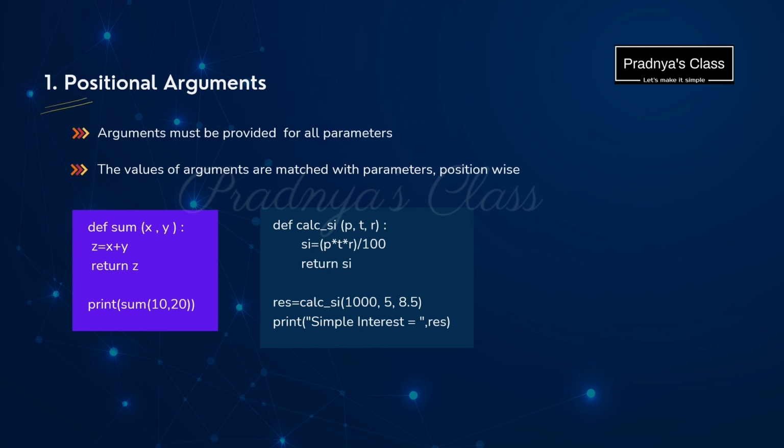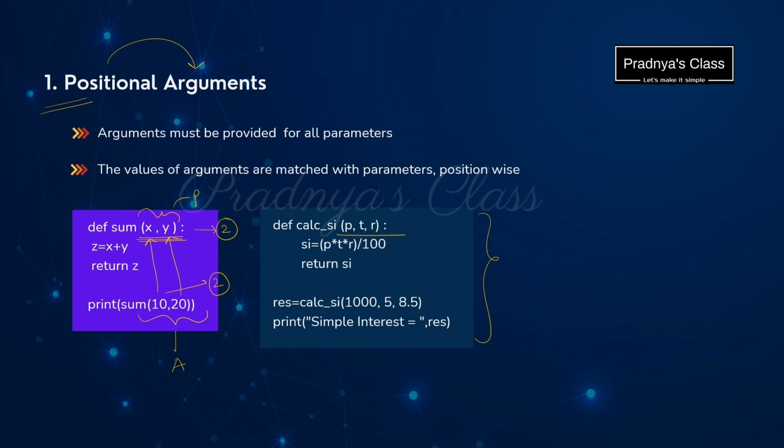The first one is the positional argument. In the case of positional arguments, we must provide values for all the parameters. You can see here there are two parameters, that's why we are passing two values. The values of the arguments will get matched to the parameters according to position. Here is one function to calculate simple interest.